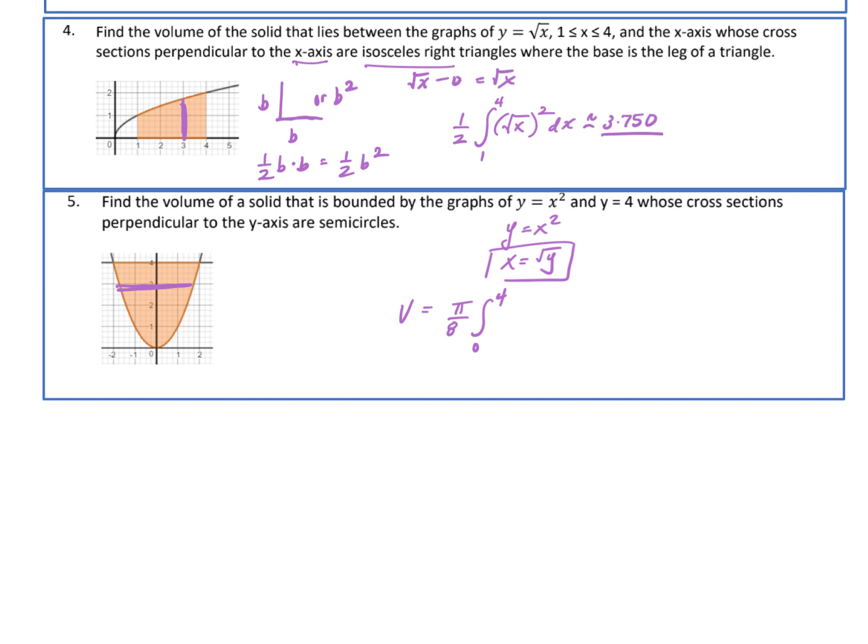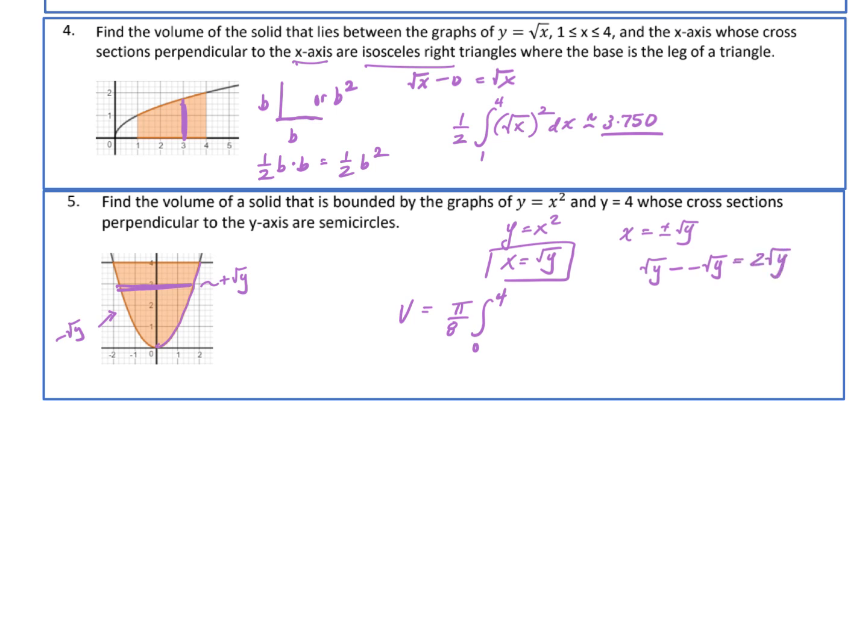Now, this one's a little tricky because technically it's x equals plus or minus root y. So the one to the right is root y. And the one to the left is negative root y. So if we do right minus the left, we're going to get 2 root y.